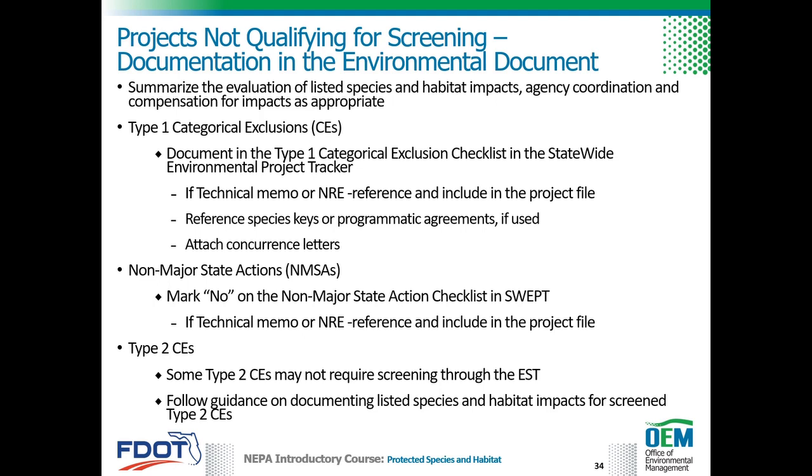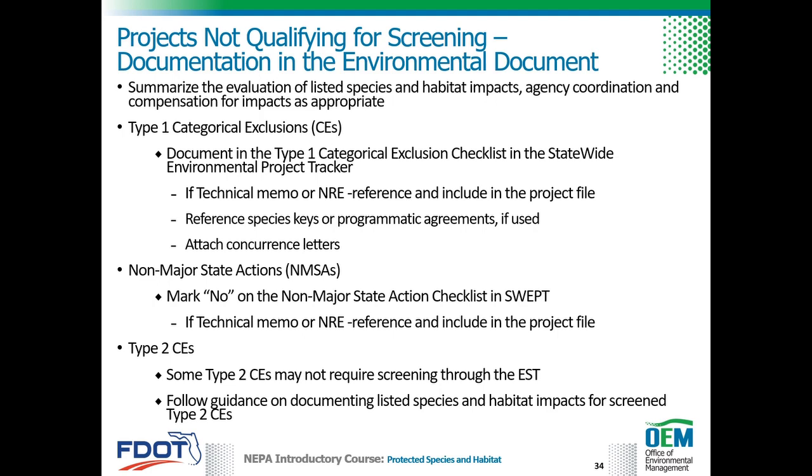If species keys or programmatic agreements were used to determine an effect determination for a species, then the key must be referenced in the checklist. Outline the steps used in the key in the supporting documentation. If a tech memo was prepared, reference it in the checklist and include it in the project file. Agency coordination letters are included in the project file, while any concurrence letters are attached to the checklist.